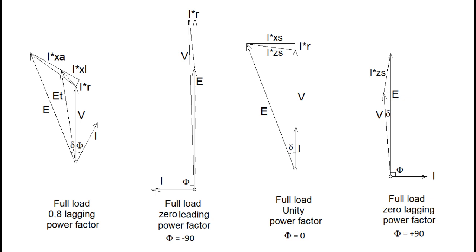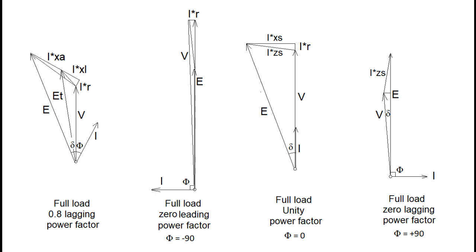We may notice the change in value of angle phi from leading 0 power factor through unity power factor to lagging zero power factor. The value of this angle changes from minus 90 through 0 to plus 90 degrees. With change in value of this angle phi, the position of the right angle triangle changes.